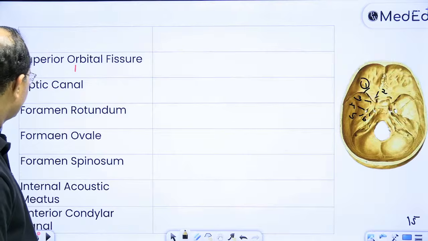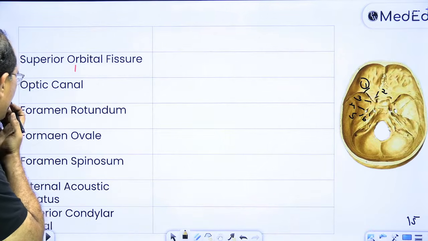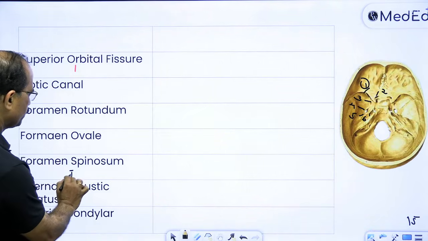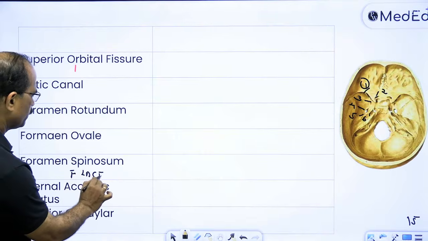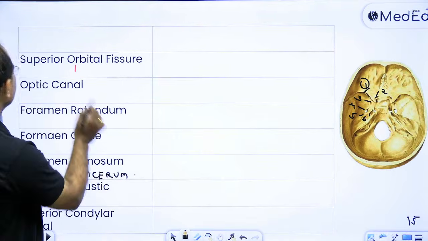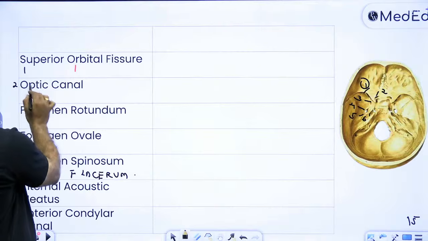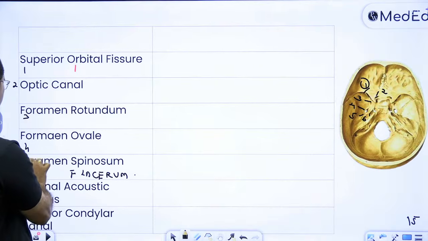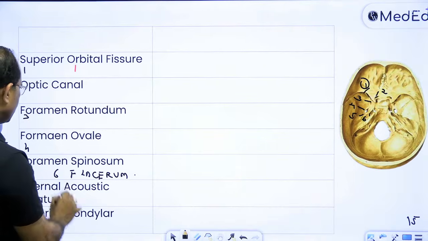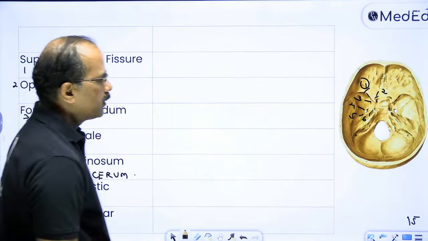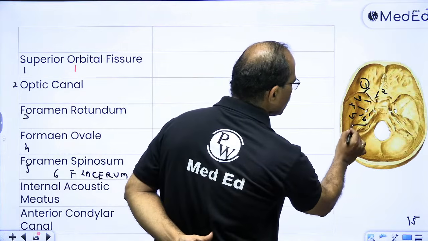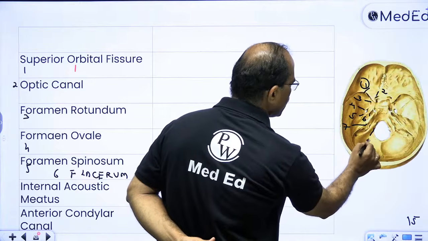Foramen lacerum nahi diya isme. Chalo, answer this. This is 1, 2, 3, 4, 5, 6, this is 7, this is 8.